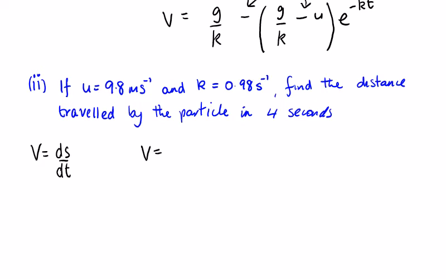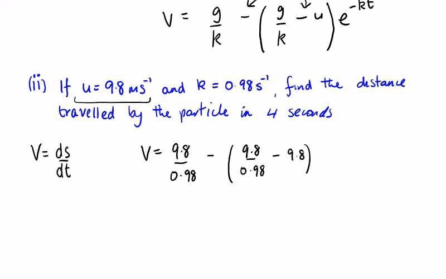So v is equal to, if we fill our variables in, g we know is gravity, 9.8 divided by k. These will divide in, straightforward enough, 9.8 over 0.98, minus u, which we're told is 9.8, by e to the power of, and again there's a k in here, minus 0.98t.